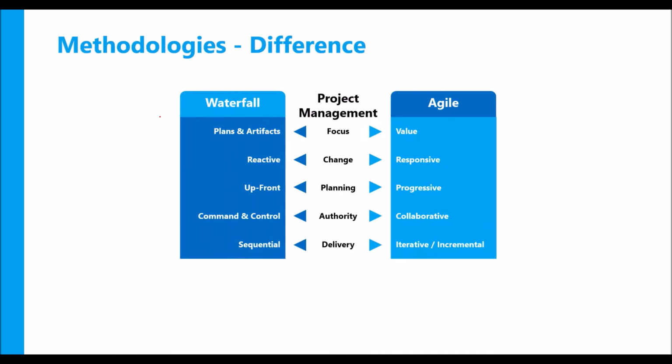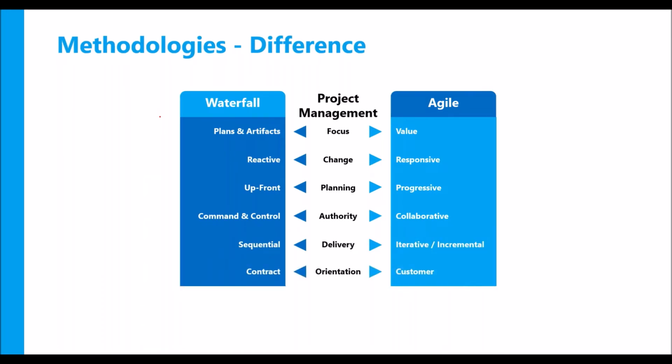In delivery, if you have seen the previous slide, Waterfall is sequential and Agile is iterative or incremental. And in Waterfall, we have a typical tilt towards contract as a project manager, right? You sign contracts and then you try to meet the contract obligations.